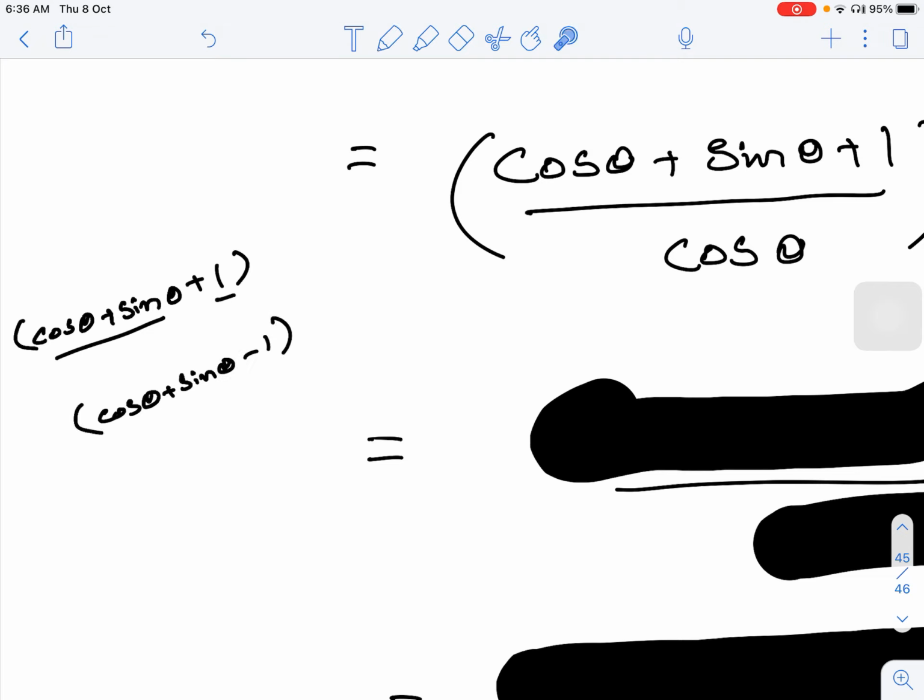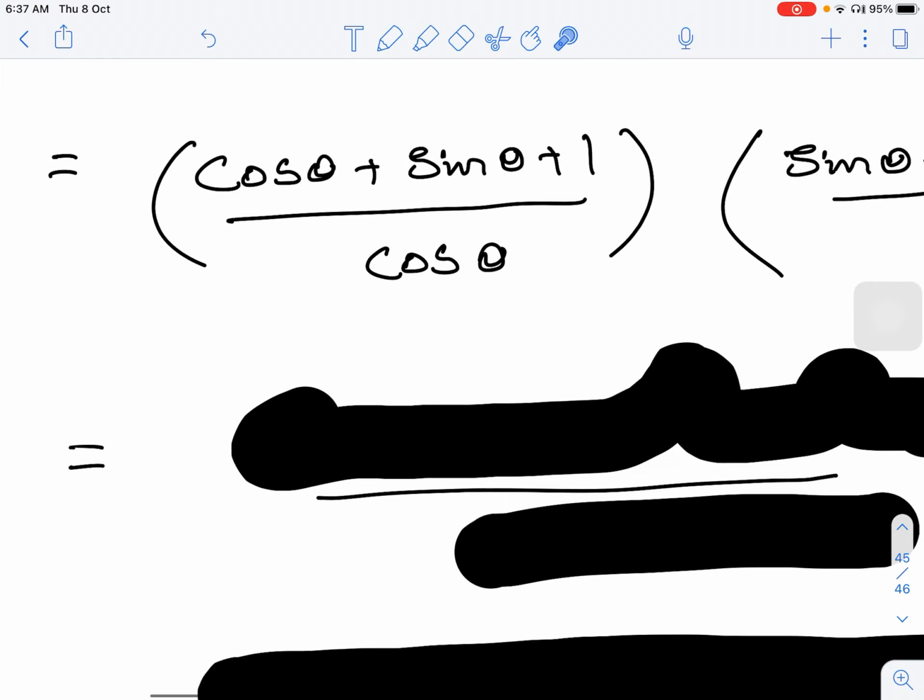Now if you look at both these terms, let this be our first term, let this be our second term. It is of which format? Let this one total be a plus b, and this one is a minus b. Already we have seen that a plus b times a minus b is an identity, that is a square minus b square, that is first term bracket square minus second term bracket square.